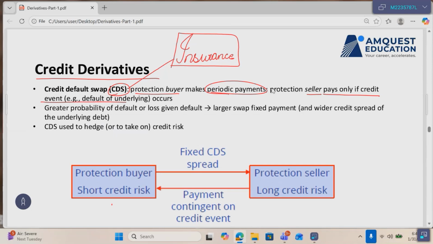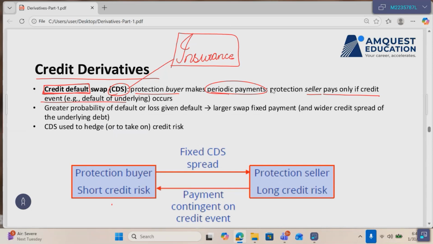So this is like a guarantee program where you're buying a guarantee and paying a premium, against the credit default of that customer. You are protecting yourself against that. Simple. Protection is there, you're good to go. Clear? Credit default swap.